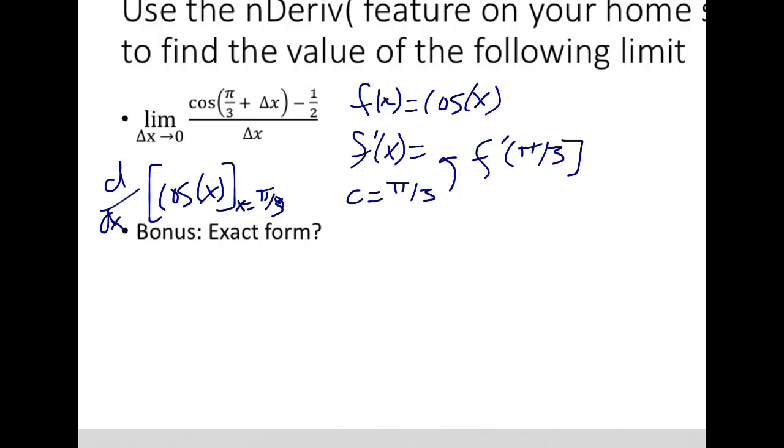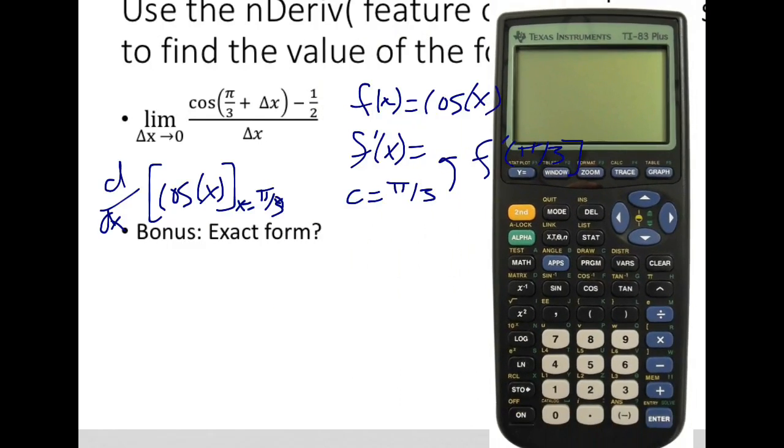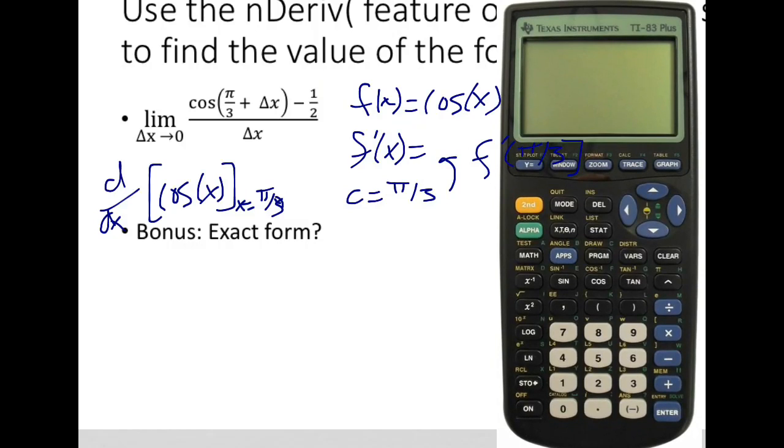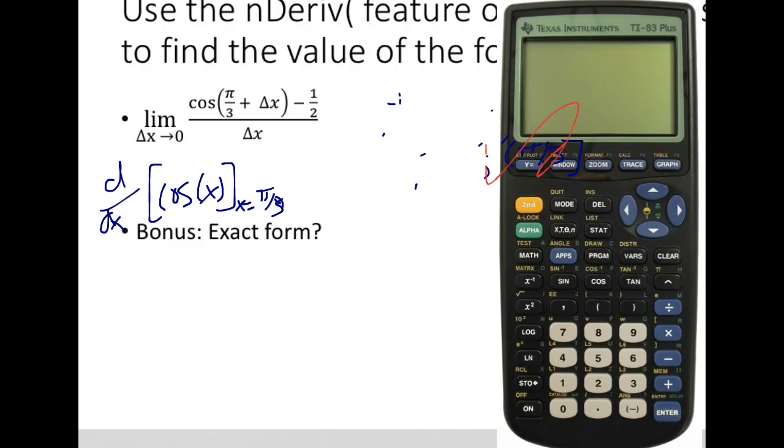So we're going to do the same thing as before on our calculator, this time from the home screen. We're going to follow the same set of button pushes as we did on the other page. So go ahead, and if you're on an 83, hit the math button, choose option 8 to get the n derive, and then type in your function, cosine, parentheses of x, parentheses, hit a comma.